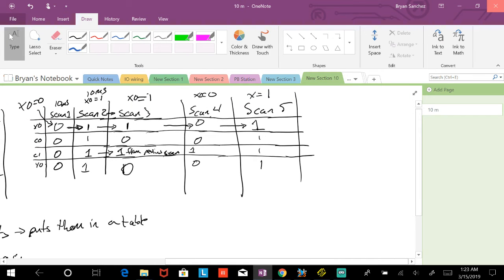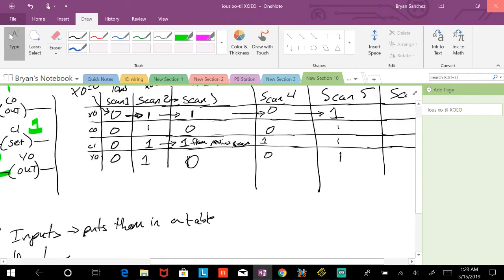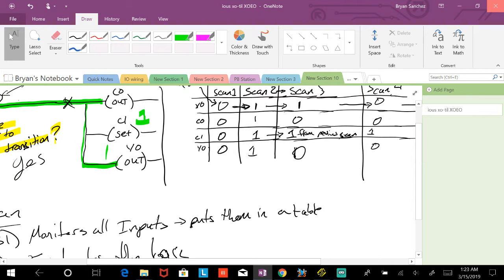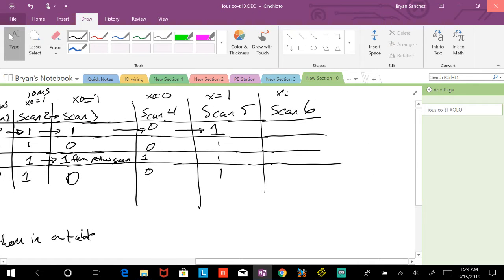Okay. Now, what's going to happen? Scan 6 comes along. This is just the next scan time, 10 milliseconds after. What's going to happen? X0 equals 1. So there was not an off to on transition. It stayed at 1, right?